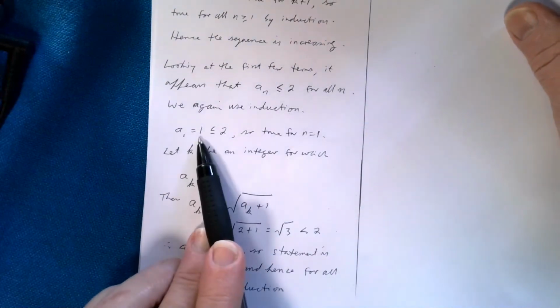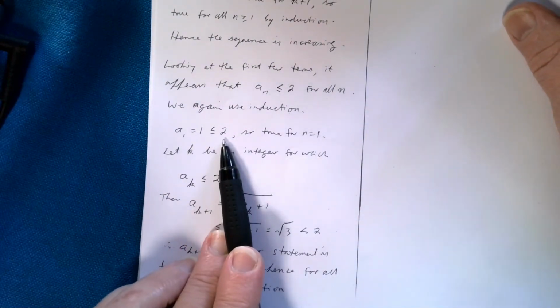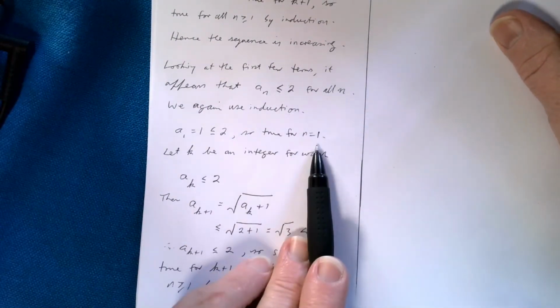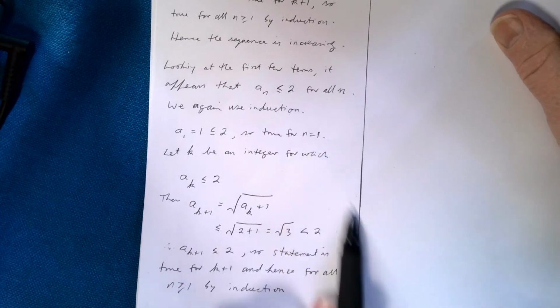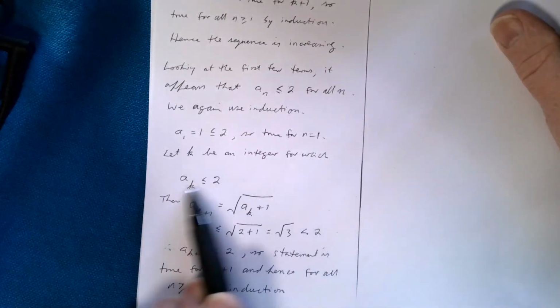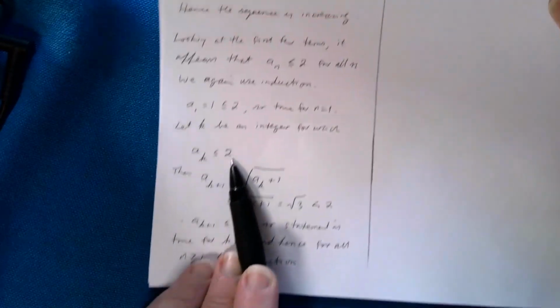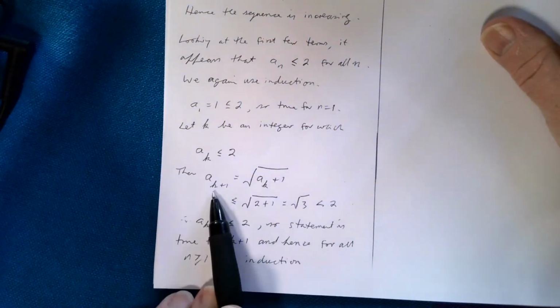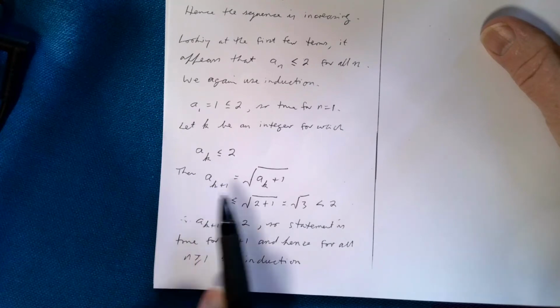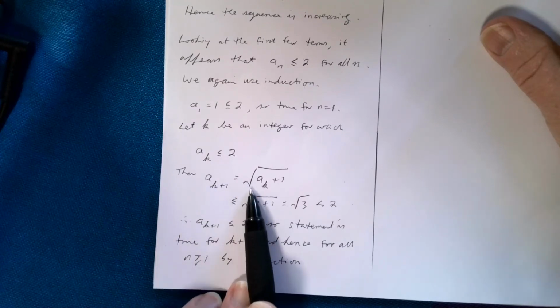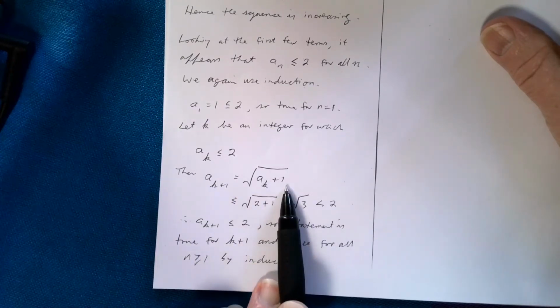The first term is 1, which is clearly less or equal to 2, so the statement's true for n equals 1. We let k be an integer for which the kth term is less than 2, and I've got to then prove the (k+1)th term is less than 2. So I look at a_{k+1} and go back to the recurrence. This is the square root of the previous term plus 1.